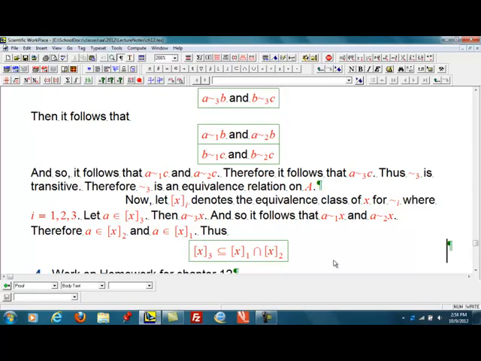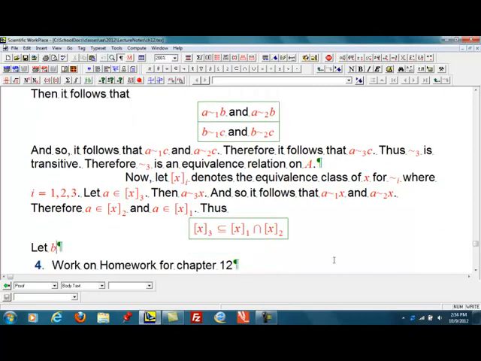Now go the other direction. So let B be in the intersection of these two equivalence classes. Where does that tell you that B lives? Each one of them, right?